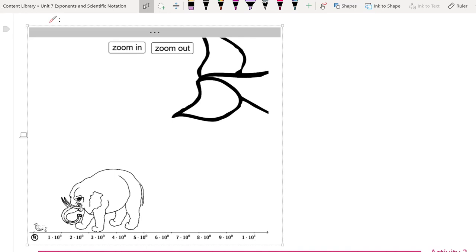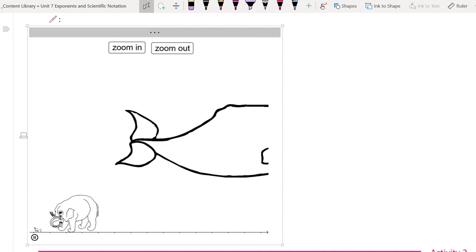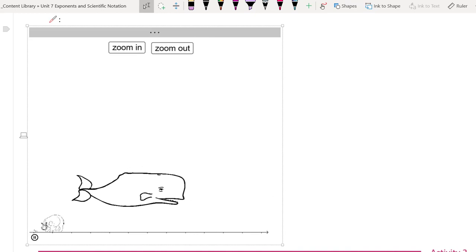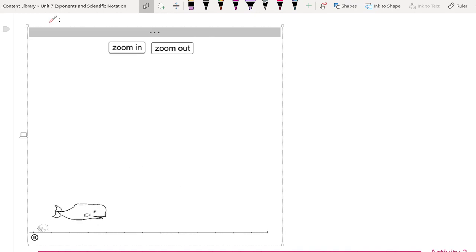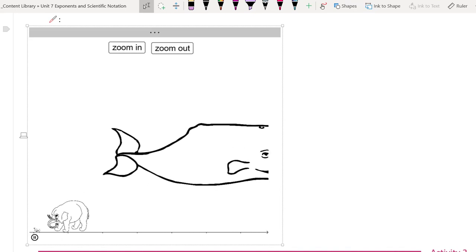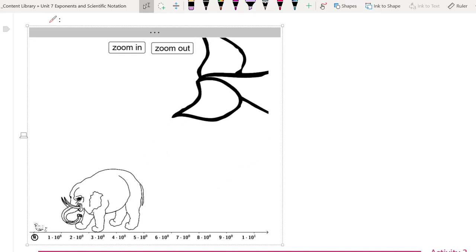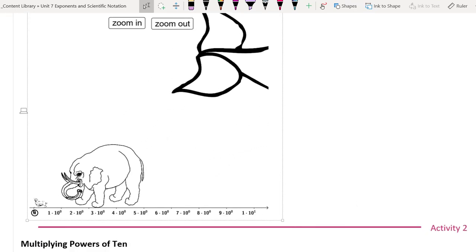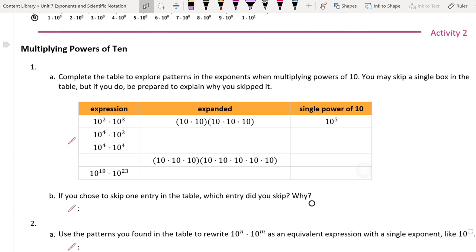But then to give you an idea of, even though elephants seem really big, look at that whale. So you guys, I don't know if anything is bigger than the whale on this particular applet, but that gives you an idea of why we can use exponents and why they are useful.